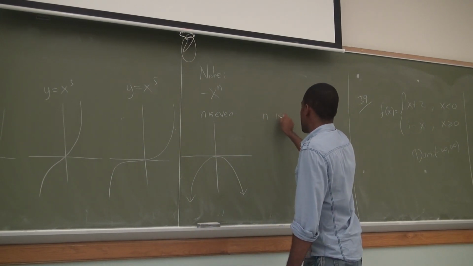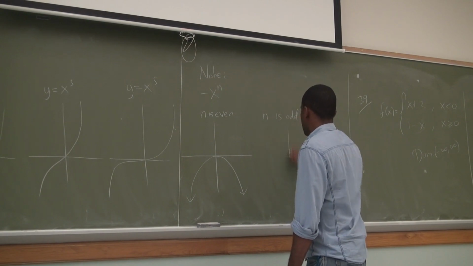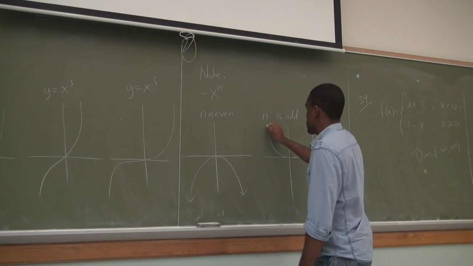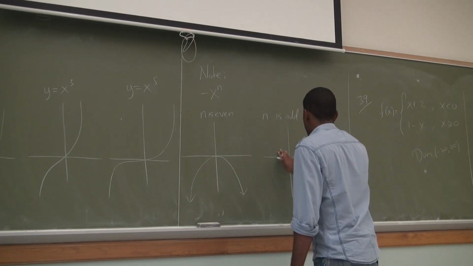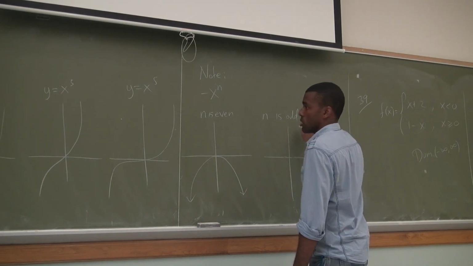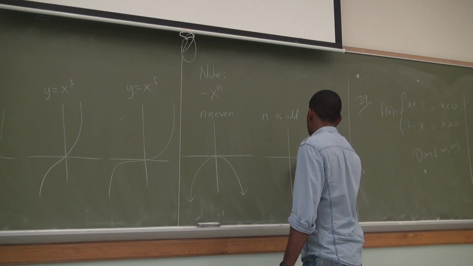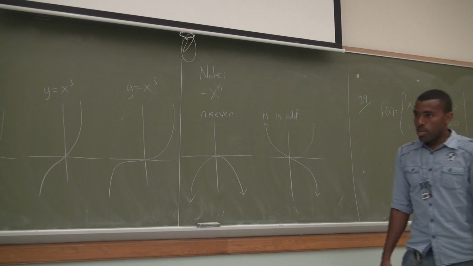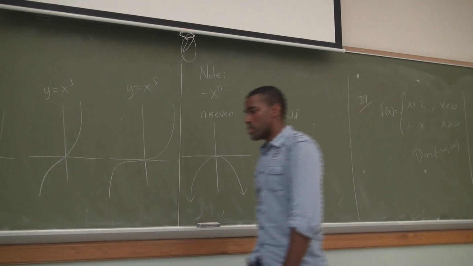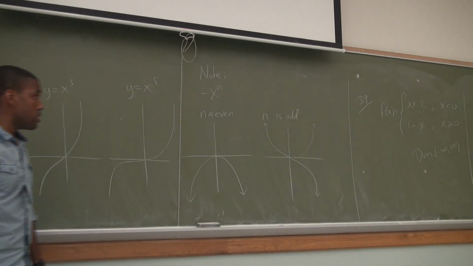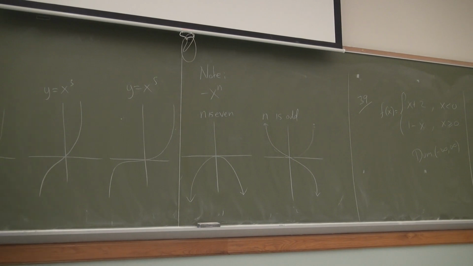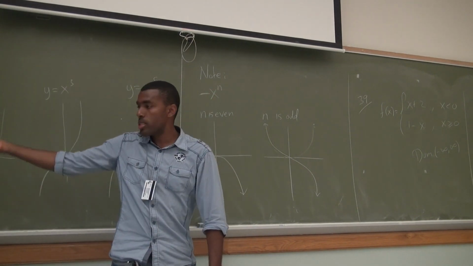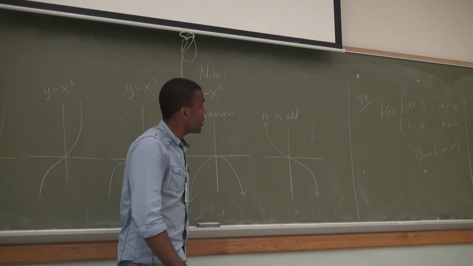If n is odd, it would look like the upside down version of the other one. For now, knowing how the graph behaves is enough for us. It's going to give us the intuition that we need. So when there's a negative sign, you have the same sort of behavior, except everything's flipped upside down.